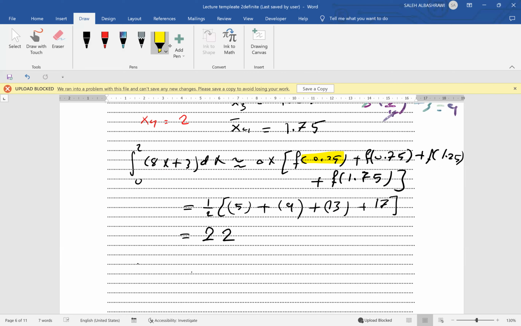So the value of this definite integral is approximately equal to 22, using the midpoint rule. Again, in the midpoint rule, the first step is to find delta x, then find the midpoints, then evaluate the function at the midpoints and find the sum multiplied by delta x to approximate the given definite integral.